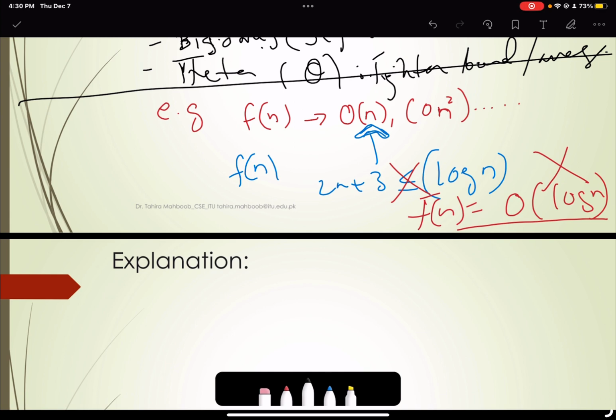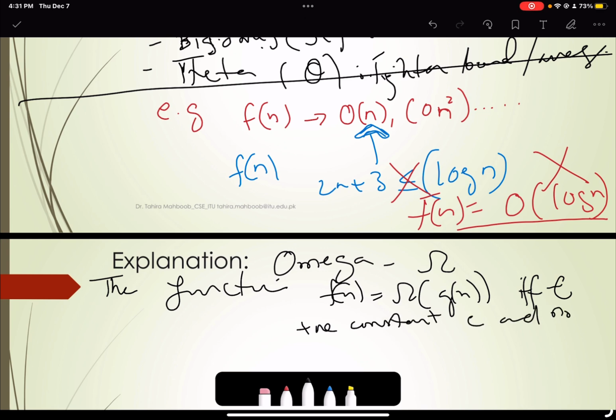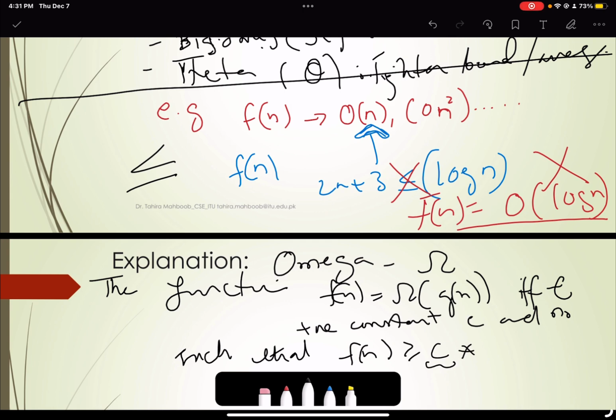So what about the omega function? The function f of n is equal to omega g of n if and only if there exist a positive constant c and n naught by definition, such that your function f of n is greater than some coefficient multiplied by your function g of n for all n greater than or equal to n naught.